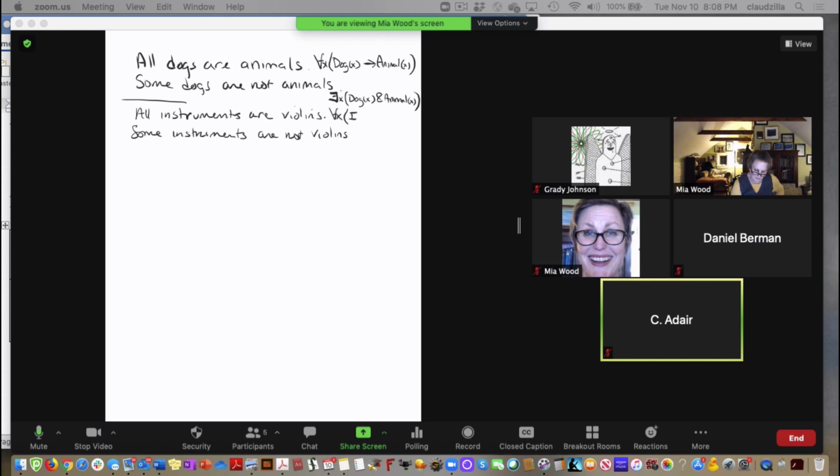I for instrument. V for violin. And then I for instrument, V for violin. I can do the same thing up here. Might as well give us some more room.